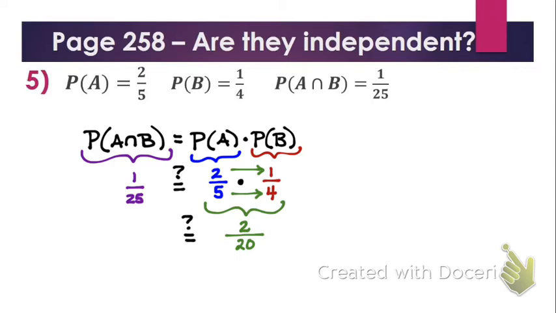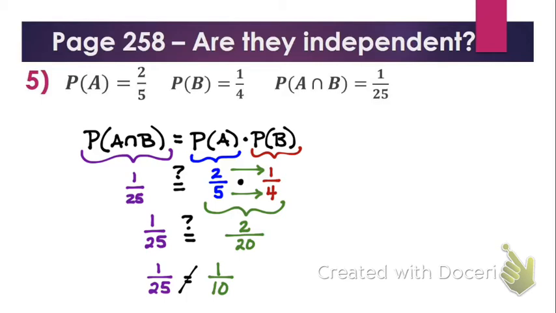Can I reduce 2 over 20 at all to make comparing easier? What does 2 over 20 reduce to? 1 over 10. Is 1 over 25 the same as 1 over 10? No. So what does that mean then?